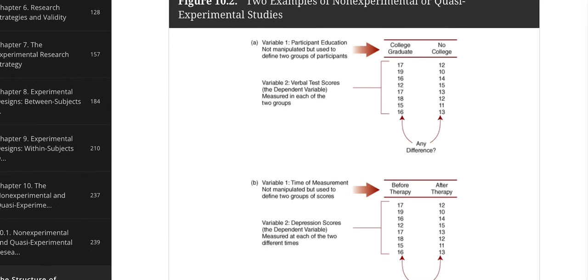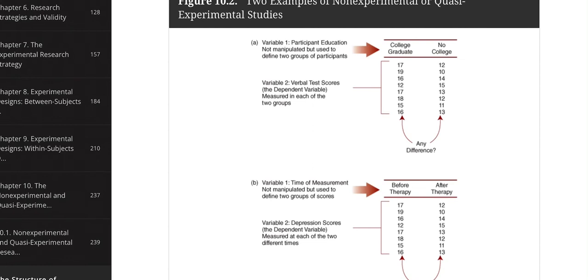Obviously, that's not fair to the group that is suffering from depression and is not receiving therapy. So a lot of times in situations like this, they will use a non-experimental or quasi-experimental strategy so that everybody can experience the therapy and receive hopefully the benefits of the therapy and improve their mental health. But you can still get the valuable information that you need, and you can still compare the groups of scores. You're just going to compare everybody's scores before the therapy and after the therapy.